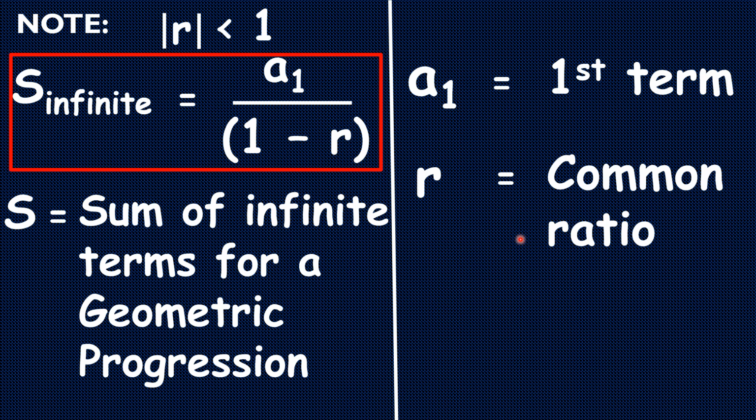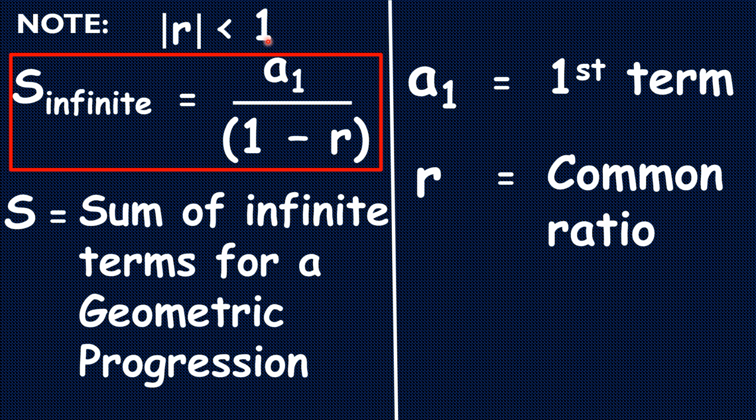But please take note that for you to have the sum in an infinite sequence or series, the absolute value of your common ratio must be less than 1. In essence, it must be a fraction. It must be less than 1.